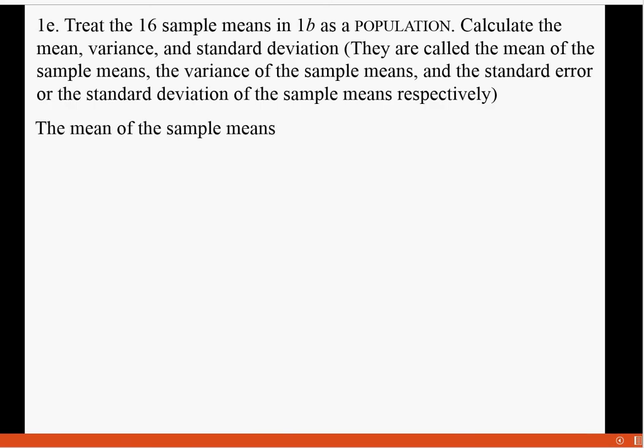Now, first let's calculate the mean of the sample means. That's not too hard.